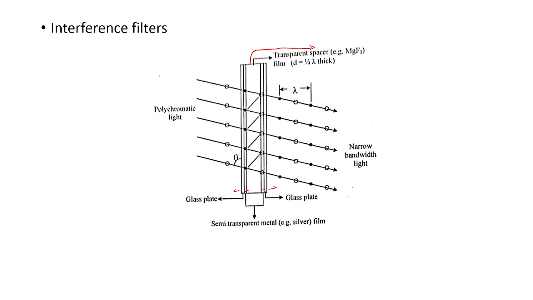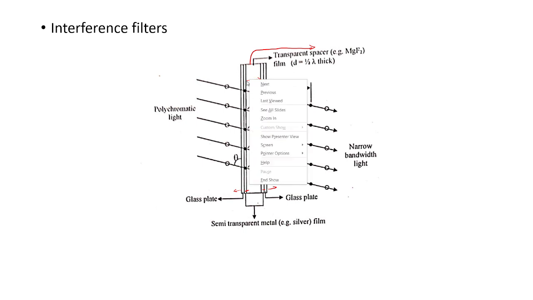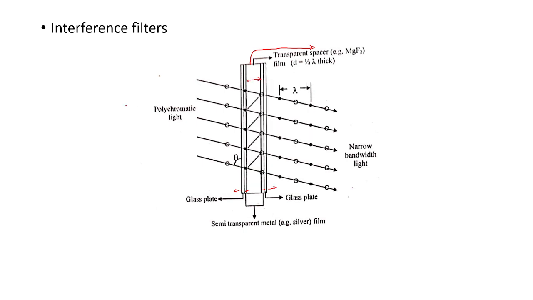Means here this distance, you can see here, this distance is very important. Whatever light is incident on this plate, they pass through, but after coming out, if this distance is a multiple of lambda, then only that light will form the constructive interference.